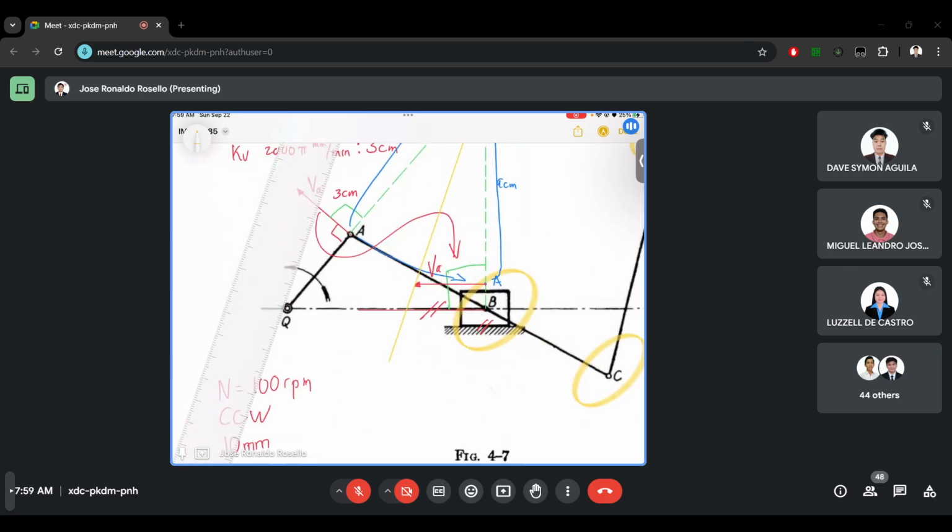It will intersect at the end of vector A, and it will intersect the direction of velocity B. So their intersection will now be the end of velocity B.